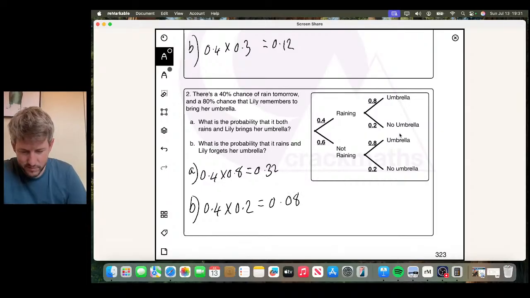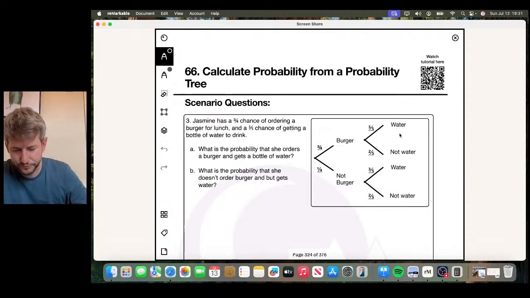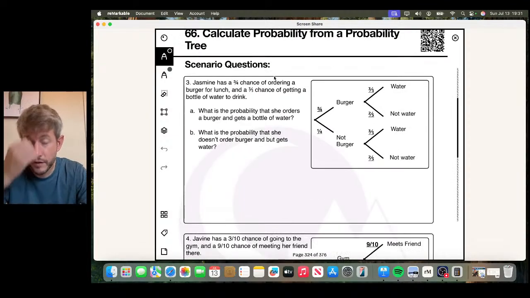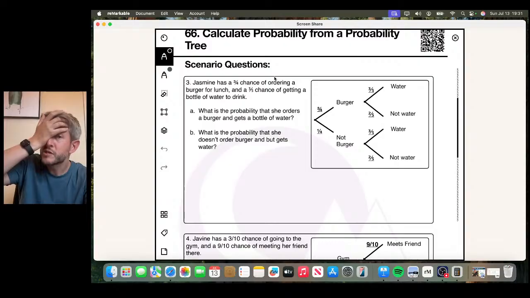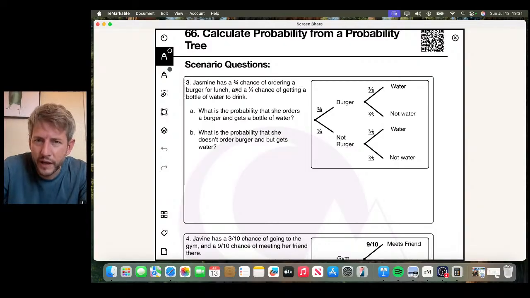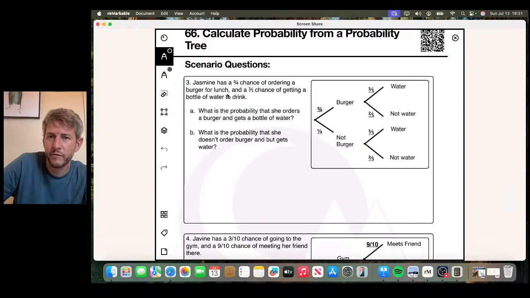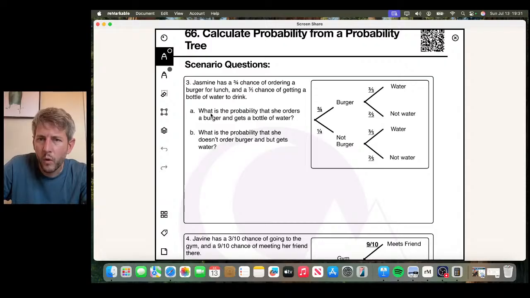Okay, great. Question 3. Jasmine has a 3/4 chance of ordering a burger for lunch and a 3/5 chance of getting a bottle of water to drink. What is the probability that she orders a burger and gets a bottle of water?